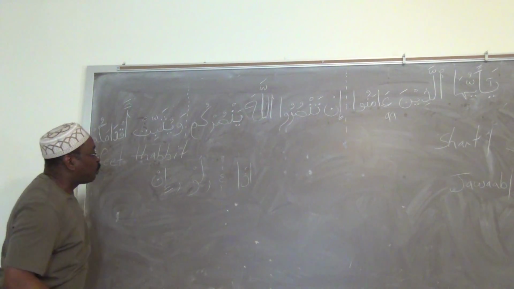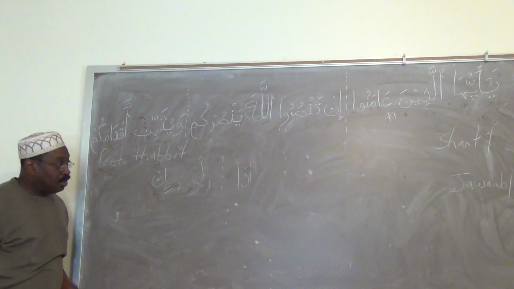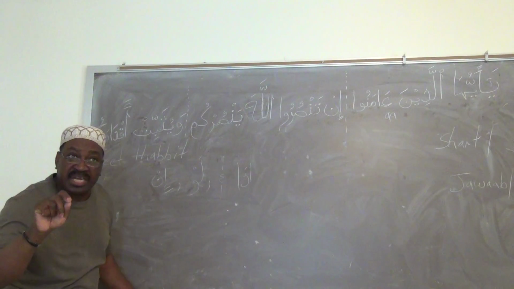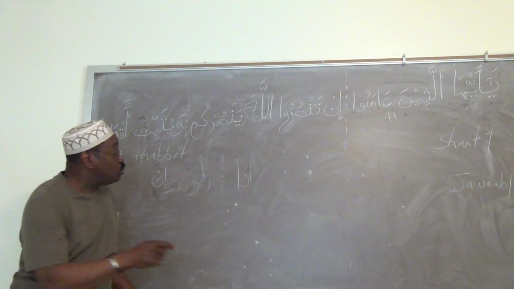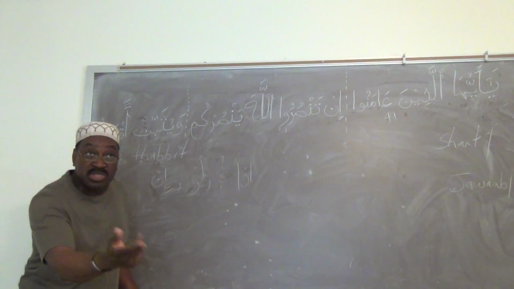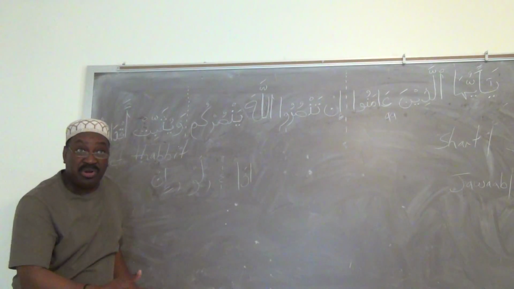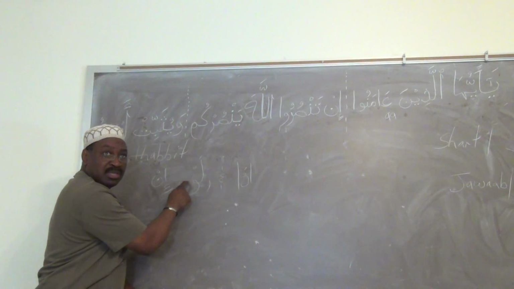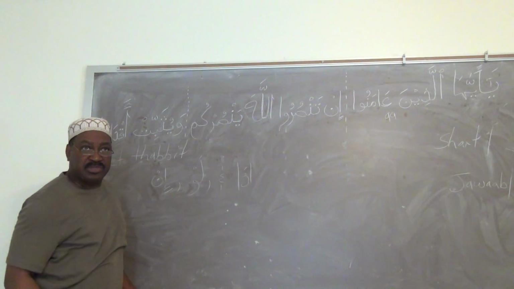So then we have the next word. If you spelled it out phonetically in English, how would you spell this out here? If you had to spell this for someone, let's say one of the students in your class who doesn't know Arabic, and he said, well, how do you spell it? How would you spell this out in English for that person?